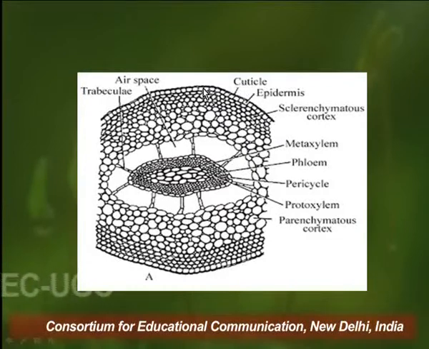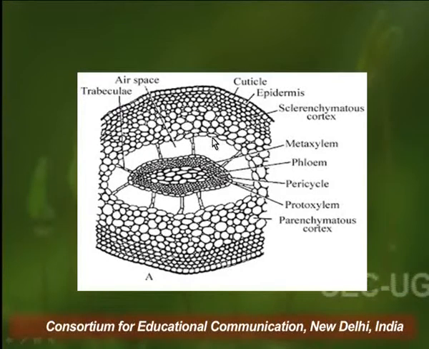Below the epidermal cells, there are 2 to 4 cell thick sclerenchymatous tissues of the cortex. These sclerenchymatous cortex cells help in providing mechanical strength to the stem. Below the sclerenchymatous cortex lie thin-walled parenchymatous tissues of the cortex, and then the innermost layer of endodermis.